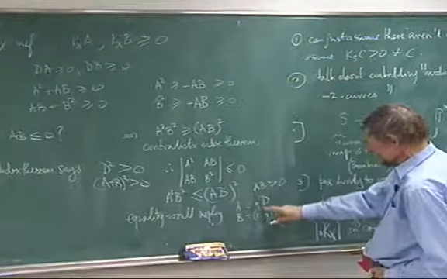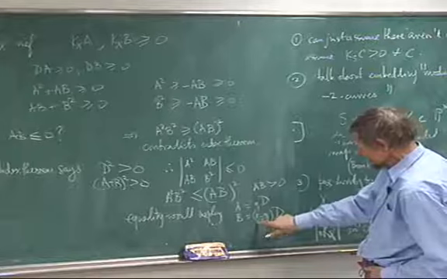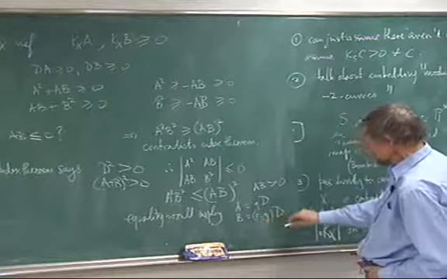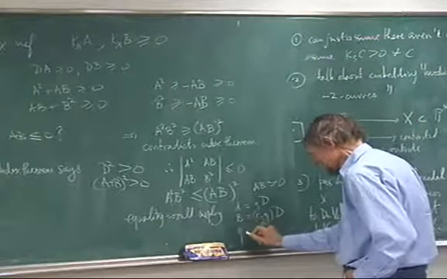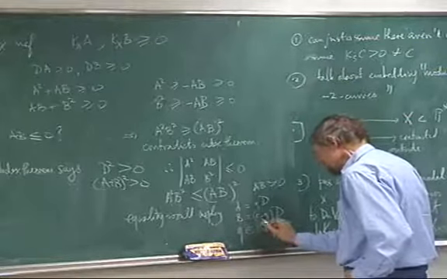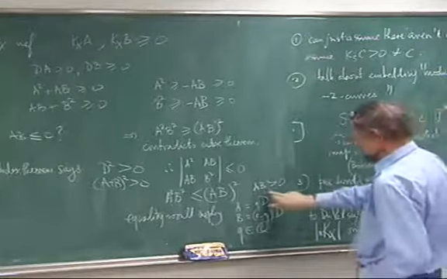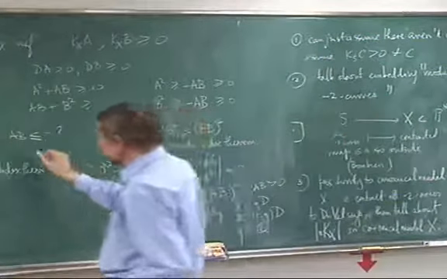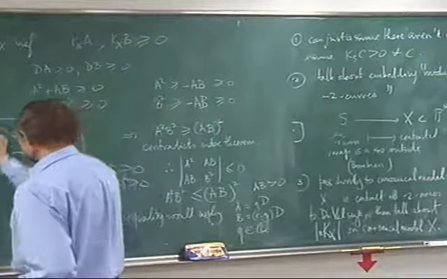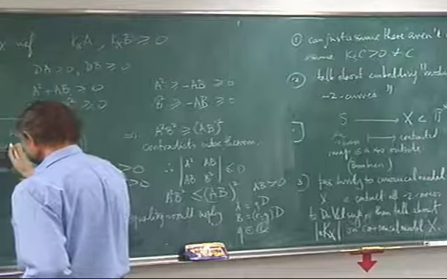Right? These are effective divisors. These are some positive rational numbers, and here I am intending that q is in Q. And so therefore AB is positive. So this is impossible.